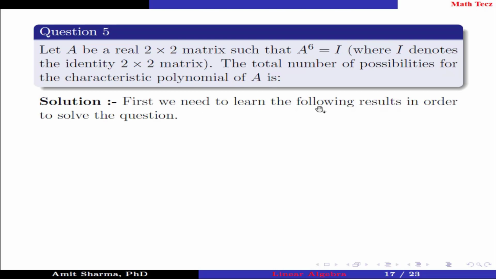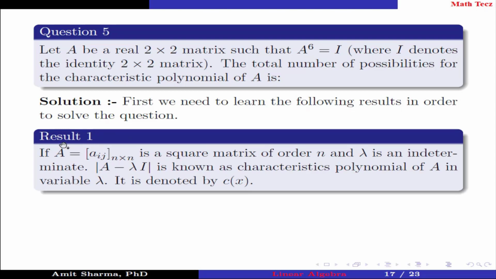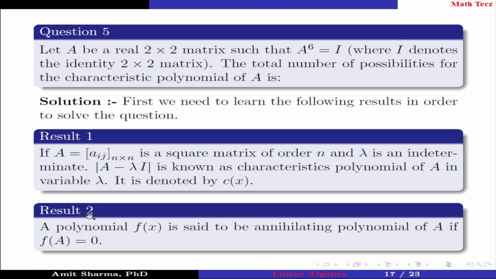First, we need to learn the following results in order to solve the question. Result number 1. If A is a square matrix of order n and lambda is an indeterminate, then determinant of A minus lambda I is known as the characteristic polynomial of A in variable lambda. It is denoted by c(x). Result number 2.